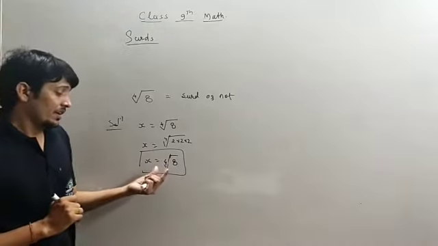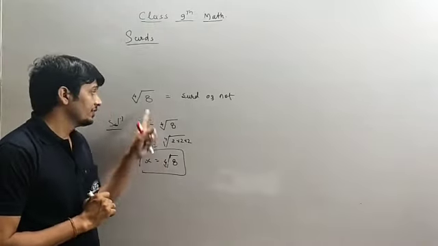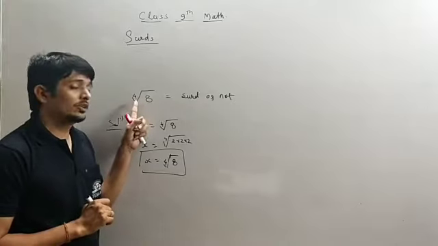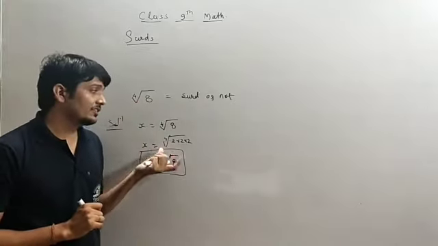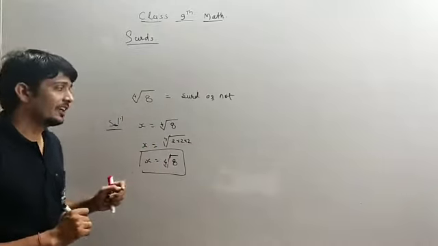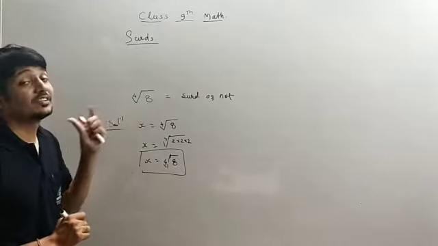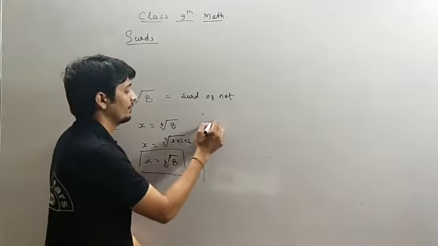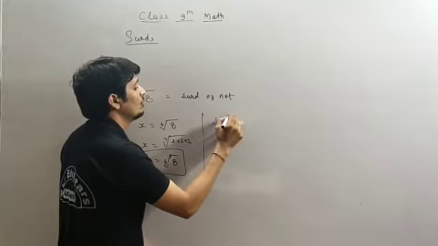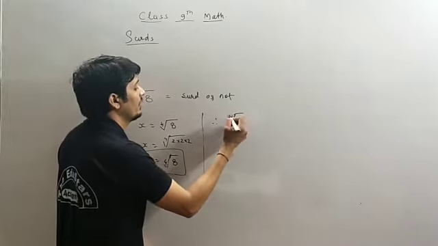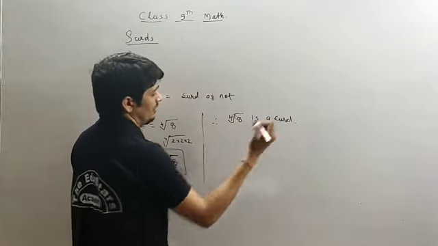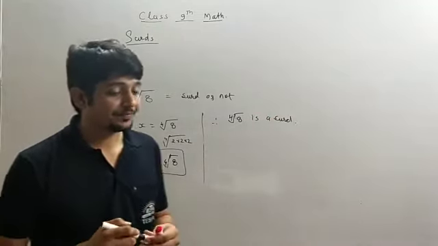So the value of x is the same as we have, that is the fourth root of 8. That means it is not a rational number, it is an irrational number. That means we can say it is a surd. Therefore the fourth root of 8 is a surd.